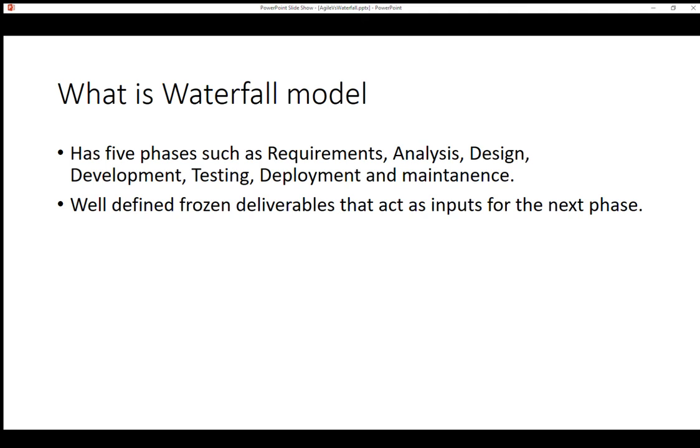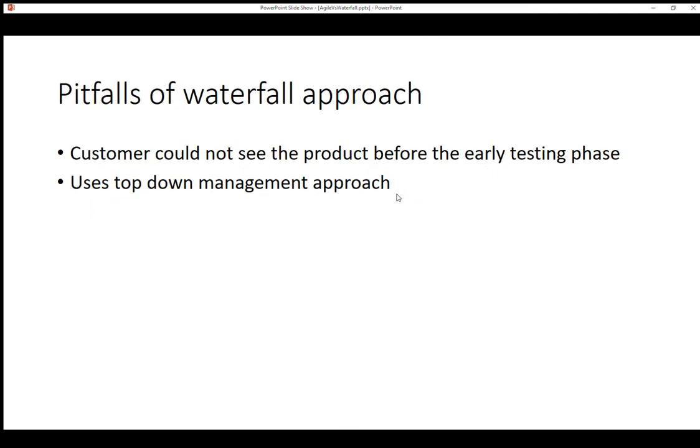So what is the problem with this waterfall approach? Let's try to understand that. The pitfall of the waterfall approach is that the customer could not see the product before the early testing phase, which is usually two-thirds of the way through the product timeline.